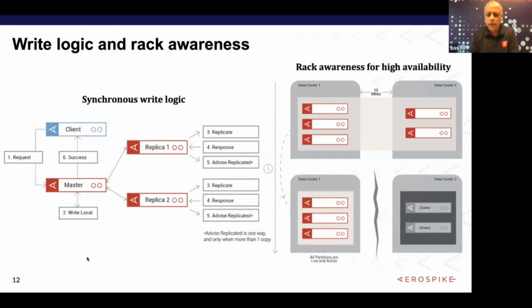Aerospike also supports rack awareness. Rack awareness has a very good advantage: if you have 2 copies and 2 racks, all the data is available in both racks. So reads can happen very well with low latency across both those racks, again if you're using sequential consistency, or you can just access a local copy. Writes, on the other hand, essentially have to go through both copies.